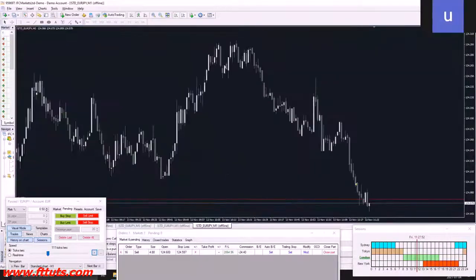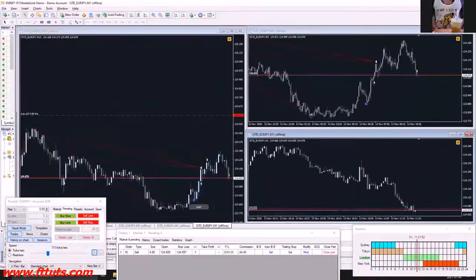Depending on how you look at structure, you can see it like this, or like this, breaking this low here.